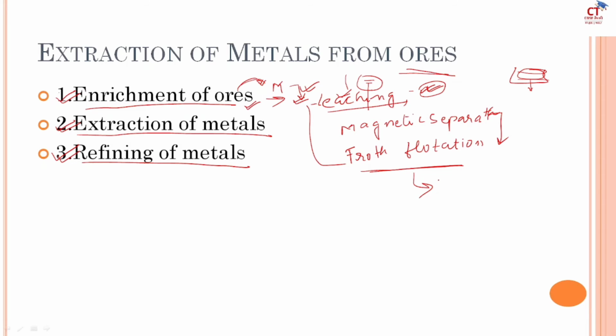Hydrophobic is water fearing, hydrophilic is water loving, and with this we separate ZnS, CuS. Okay. And the first process we have learned about is enrichment of ore. This is done by three methods. That is, enrichment of ore is basically removal of gangue.